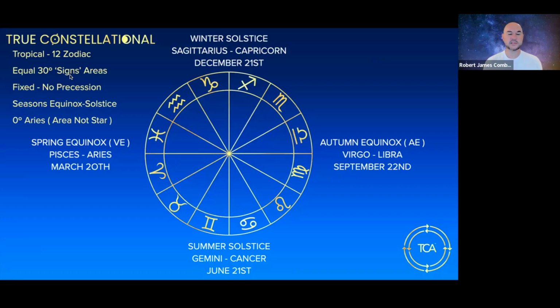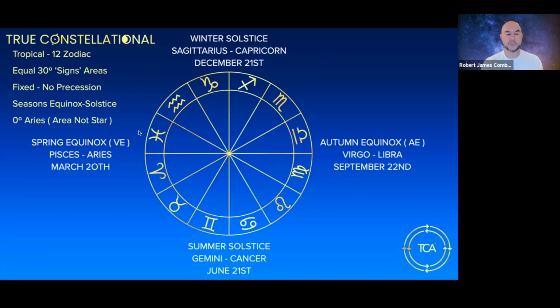There's this nuance that you might hear about, that signs is speaking about the areas. So this entire area, let's say of Pisces, this whole section is a sign. This is the area is a sign. So the constellation might just be this size, but the span of space is what is classified as the sign.